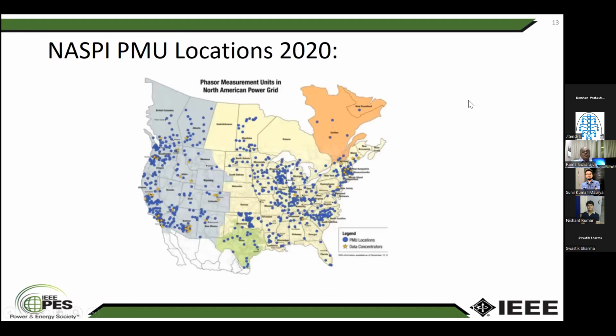So these are the PMU locations, the NASPI PMU locations 2021, which I got from Wahid Madani. If you see here, in the Canadian region, Alberta, British Columbia, and Manitoba, we have the PMUs.